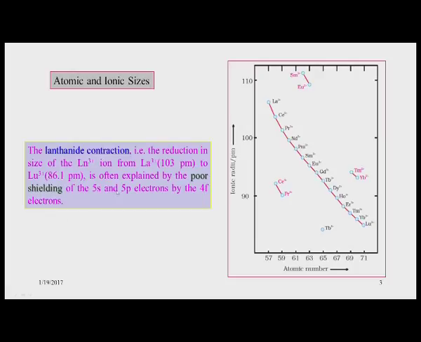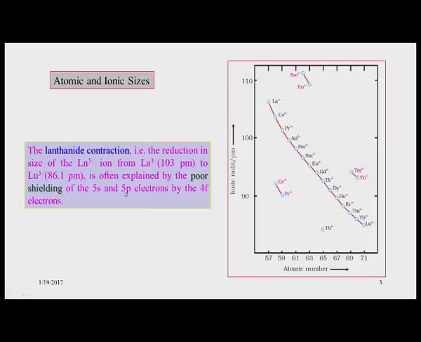So, the size is not changing much, which can be explained by poor shielding. Lanthanide contraction can be explained only due to the poor shielding effect of the 4f electrons. The 4f electrons are not shielding much of the nuclear charge, so the electrons outside feel more attractive force from the higher nuclear charge.